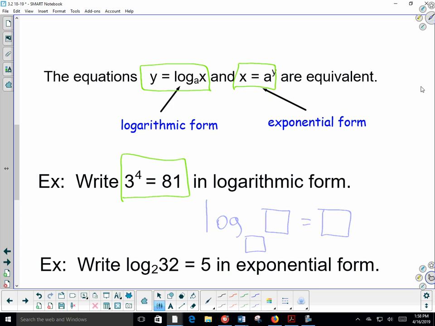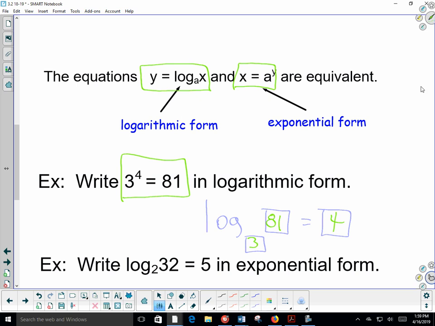So Dan, if you're looking up here, what do you think is the base here? 3. So log to the base 3 of what? It's going to have to be the 81, and log to the base 3 of 81 is equal to 4.